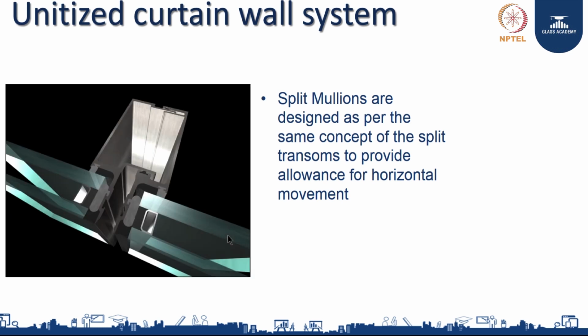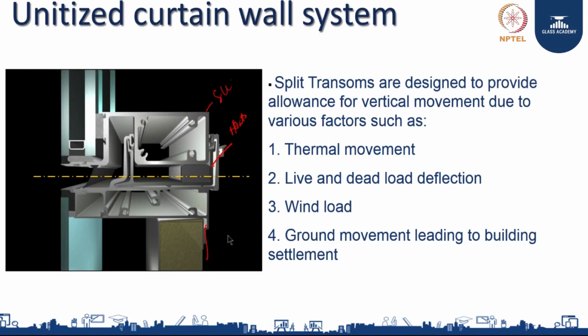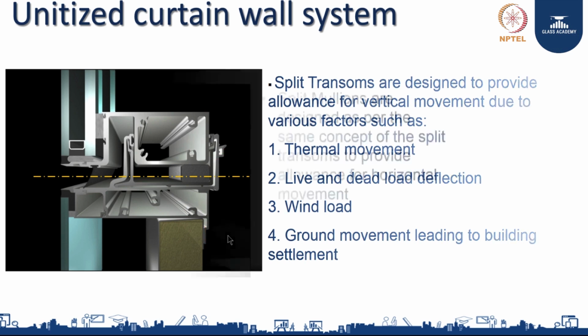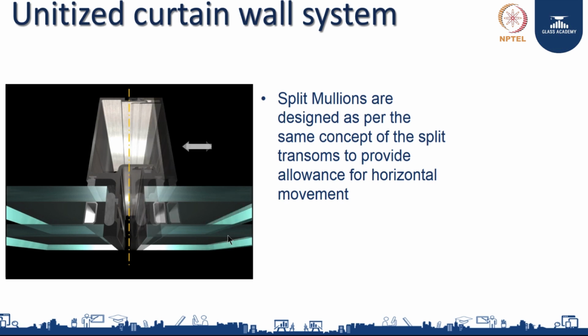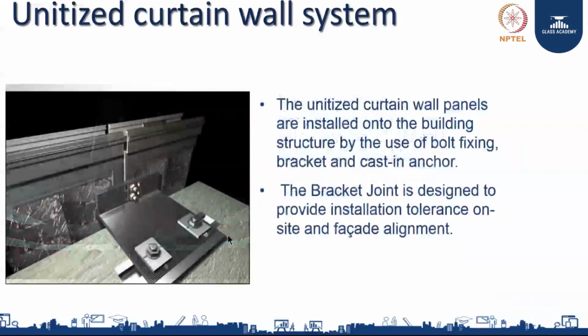A stack joint, what we saw here, goes vertically up and down. So when the building moves, or anything happens with seismic and all the movement, they move up and down. When you look at it horizontally, the mullion also is split, so they can move and close. This is how the system is designed. The mullion is also split in a way which allows the system to completely move forward.